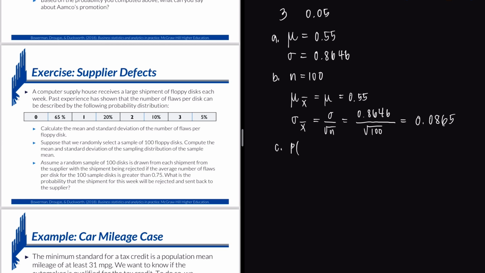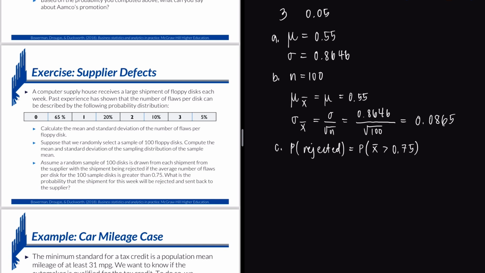So it's asking for the probability of an event wherein the shipment is rejected. And according to the problem, the shipment will be rejected if the average number of flaws per disc, or if X bar for the sample of 100 discs is greater than 0.75. So we express that mathematically as P of X bar greater than 0.75.